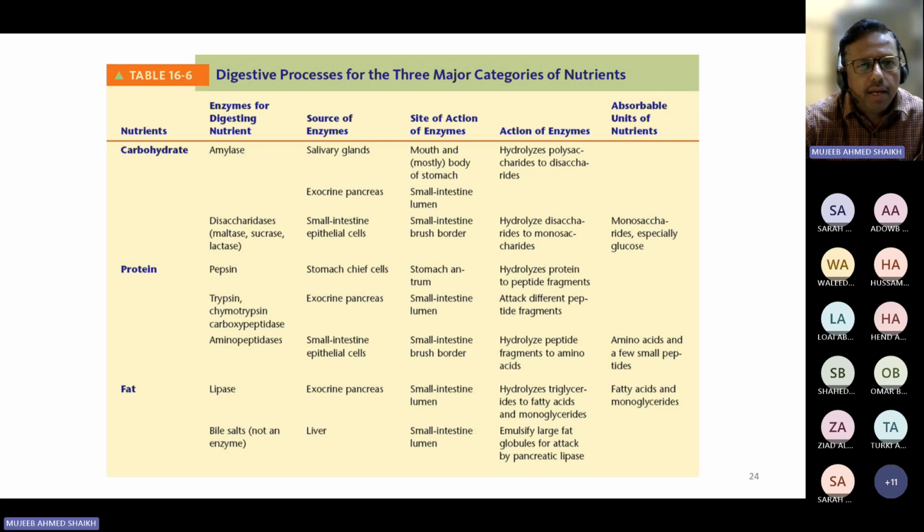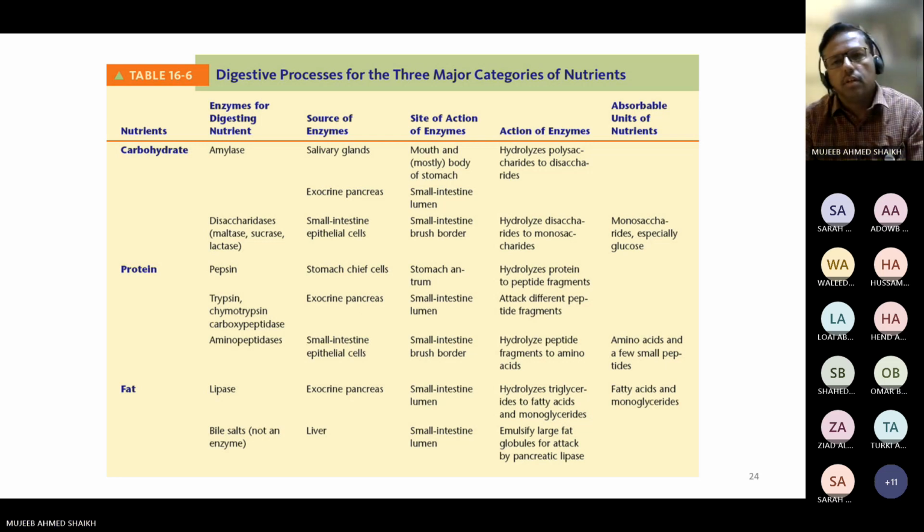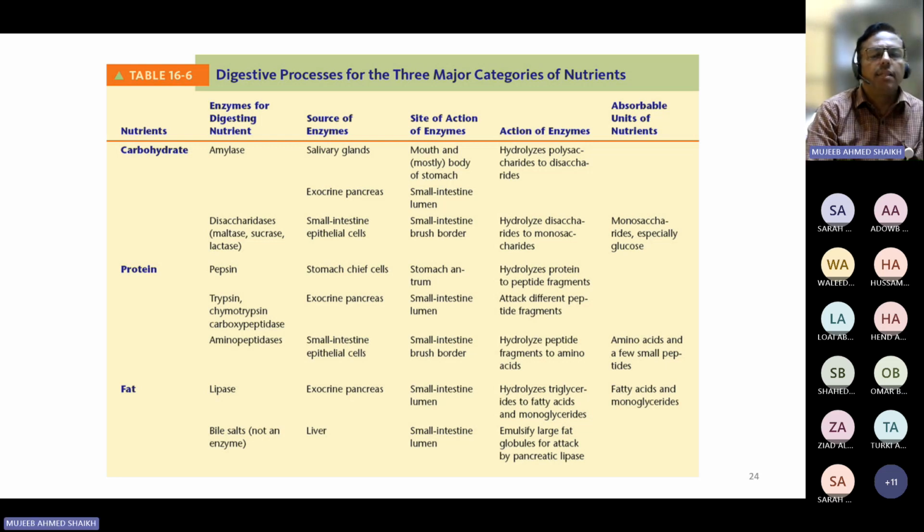Whatever we have described in the slides from lecture 1 till the last lecture is all summarized in this table. So either you memorize this table perfectly, or you remember the things from the slides, one and the same thing, because the information described in the slides is summarized here in tabular form.